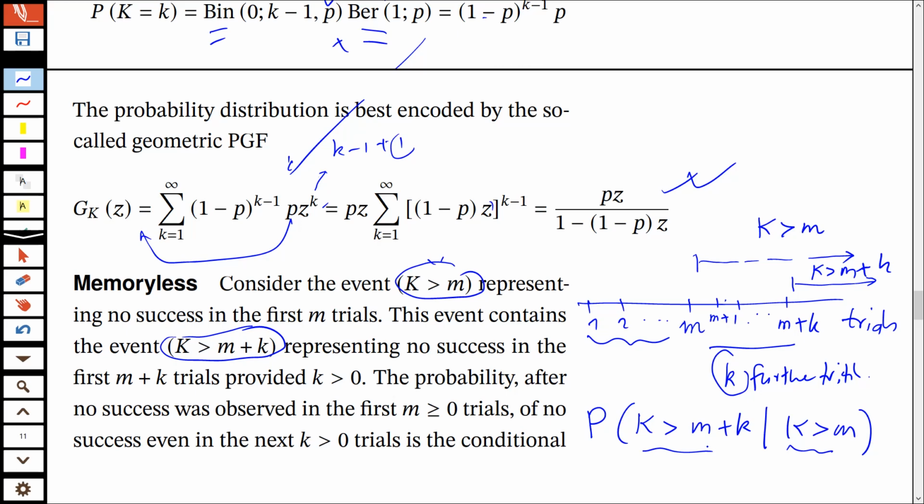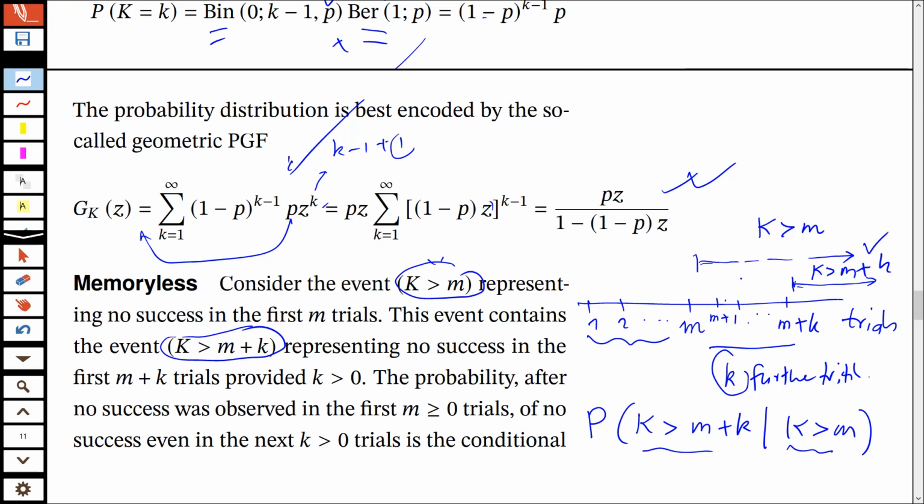Now remember, if you want the probability of one event conditioned on another, you take the intersection, and the intersection here is simple. This event, from this point onward, is a subset of that event. It is actually contained in that. So if you take the union of these two, you will get this event.